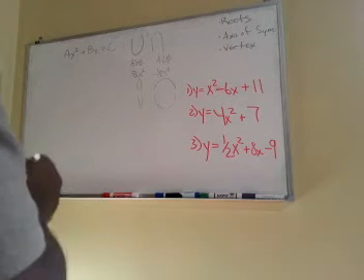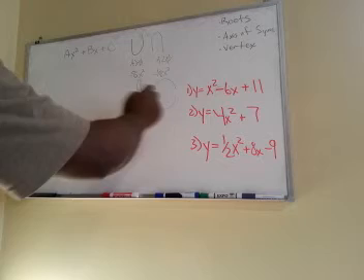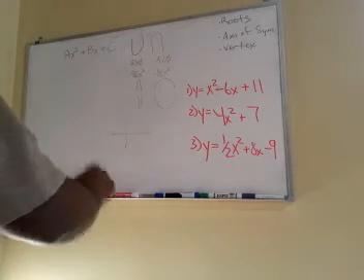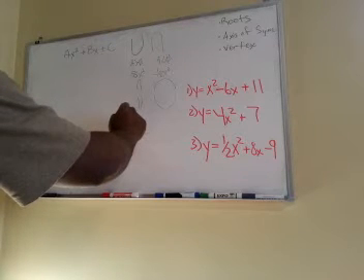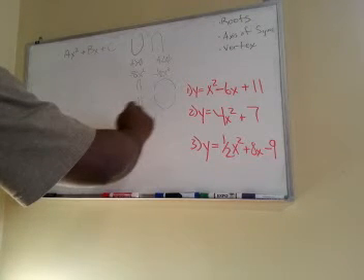So a lot of times what you're trying to do is, if I were to graph a parabola, depending on where it is, let's say the parabola looks like this, okay?